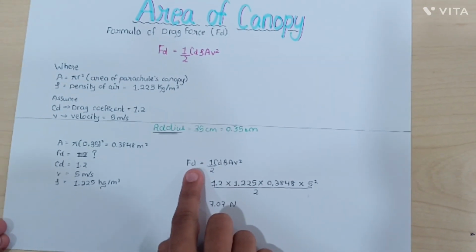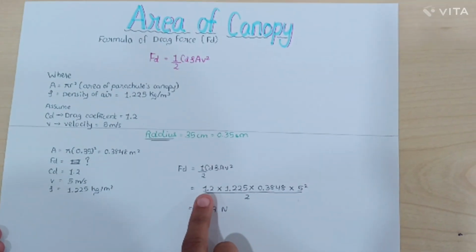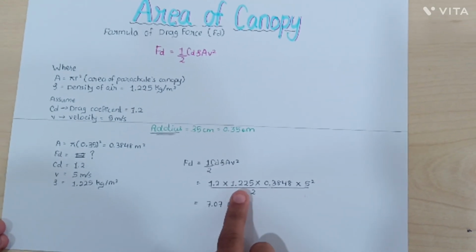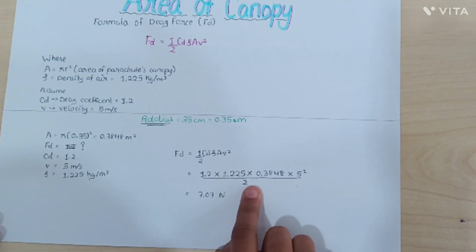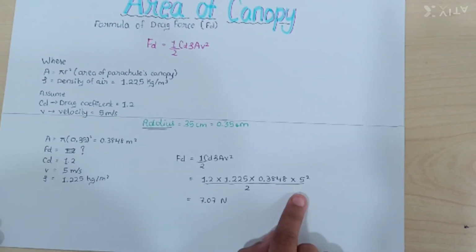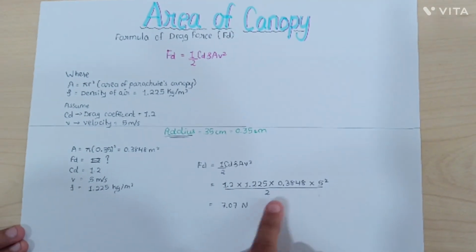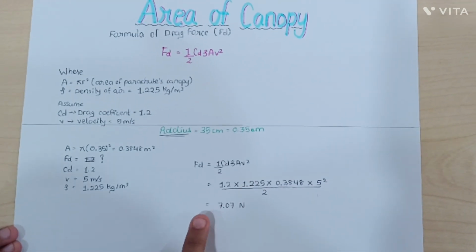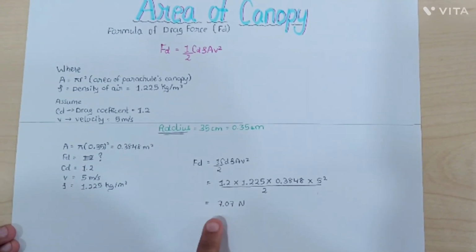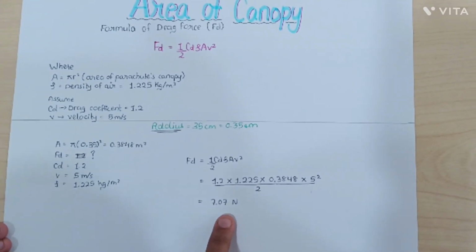Using the formula mentioned above, we substitute the values as 1.2 into 1.225 multiplied by 0.3848 into 5 square, whole divided by 2. By calculating this formula, we get the answer 7.09 Newton.